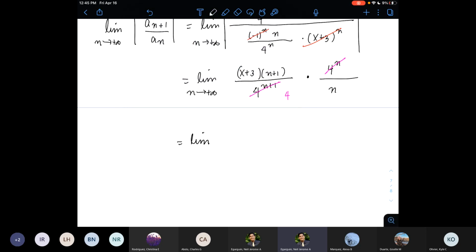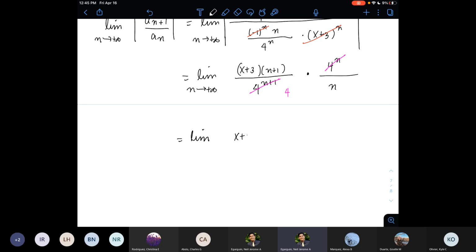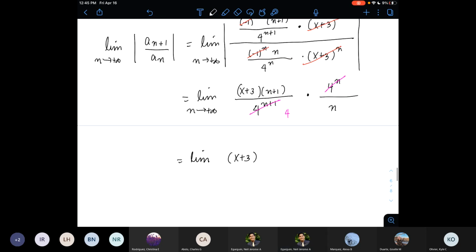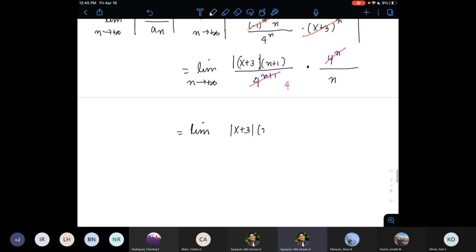So essentially what we're taking the limit of would be the absolute value of x plus 3, because x can be negative, we're not sure, times n plus 1. n plus 1 is always positive. That's why I can ignore the absolute value that would have come with it, all over 4n, as n approaches infinity.